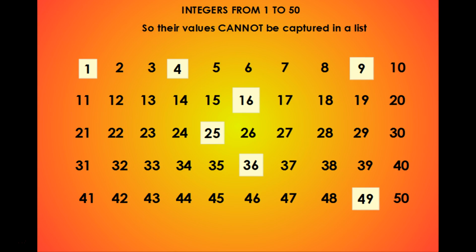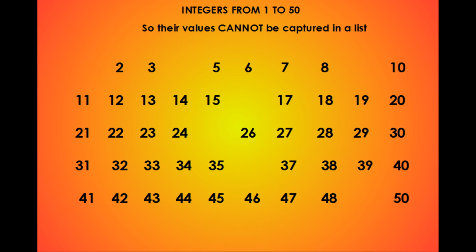So their values cannot be captured in a list. And looking at that block of 50 without the ones that were on a list, we see that for most of the integers between 1 and 50, their square roots cannot be captured in a list. So what happens is that their values will have to be approximated.